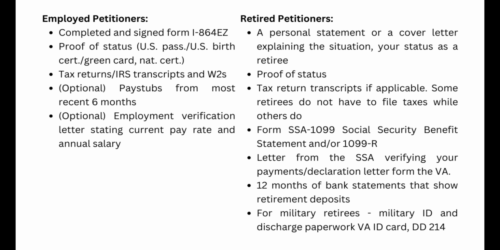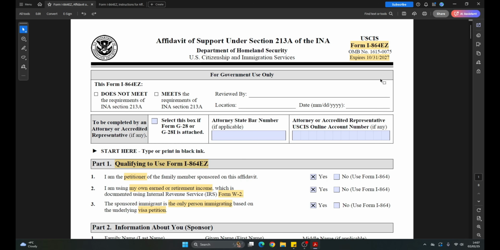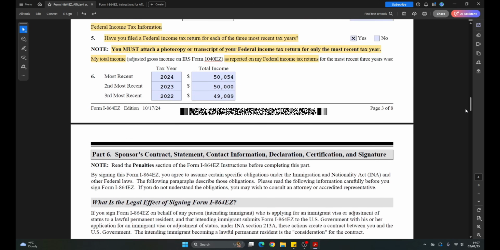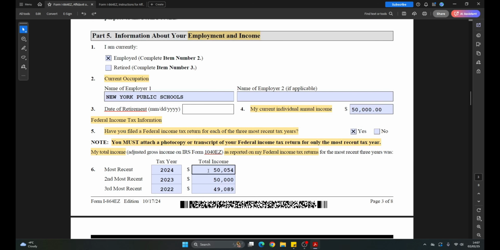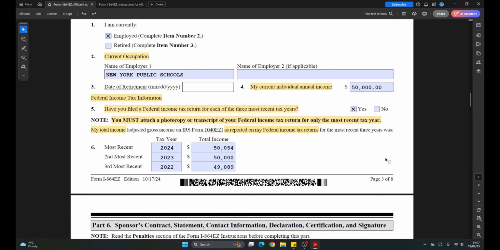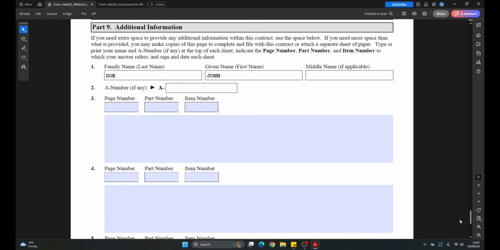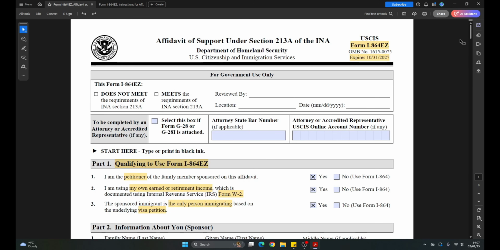Some retirees are not required to file taxes while others do. So if you were not required to file taxes, then in this line, you have to write not applicable, but then you do have to provide an explanation on the additional page as well as in the cover sheet explaining why you didn't have to file taxes.